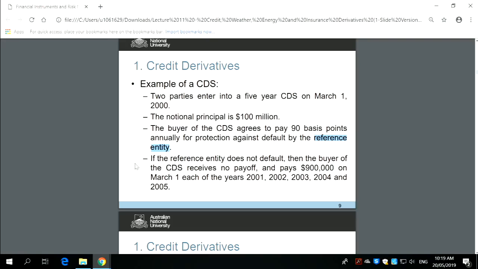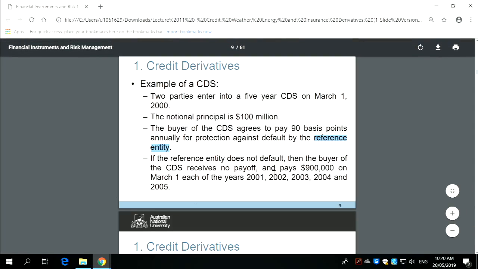Okay, then the question says, if the reference entity does not default, then the buyer of the CDS, which is me, so the buyer of the CDS usually is the corporate bondholder, receives no payoff from the bank, okay? And instead, I need to pay the bank $900,000 each year, on the 1st of March for years 2001, 2002, and afterwards until year 2005.